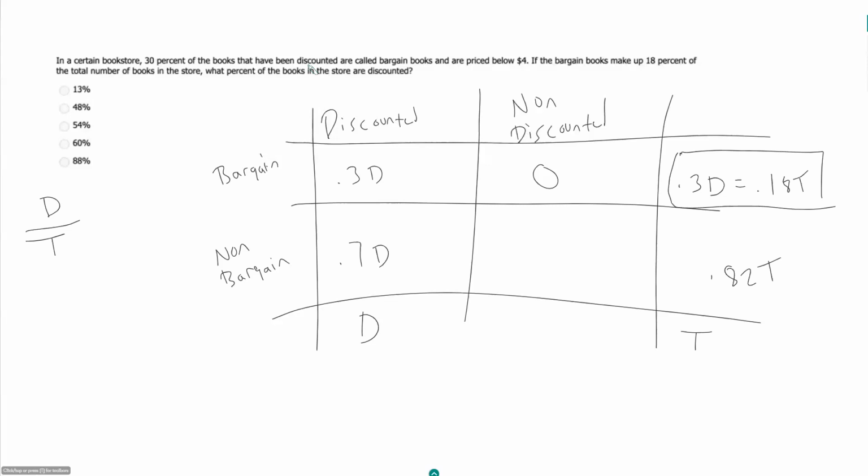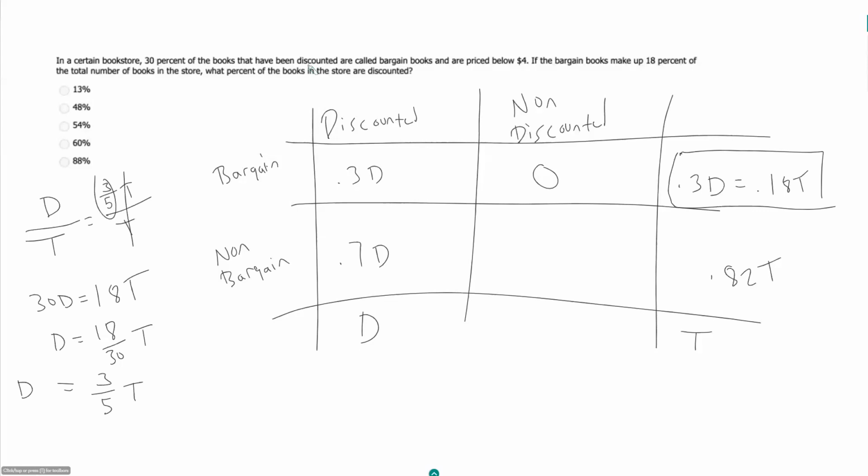So if 0.3D is equal to 0.18T, that is the same as saying 30D is equal to 18T, which means D is equal to 18 over 30 times T, which means D is equal to 3/5 T.